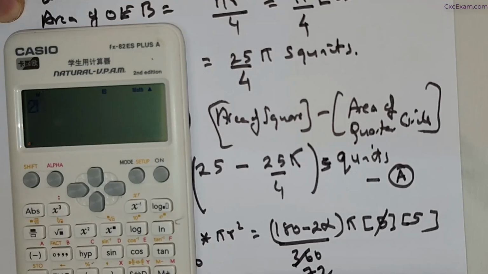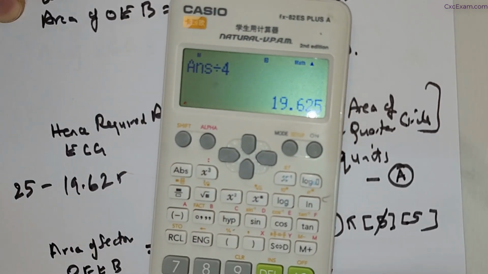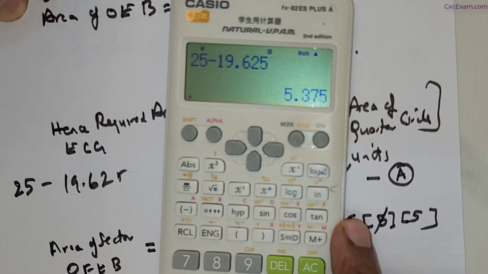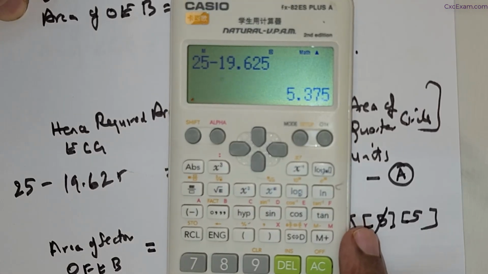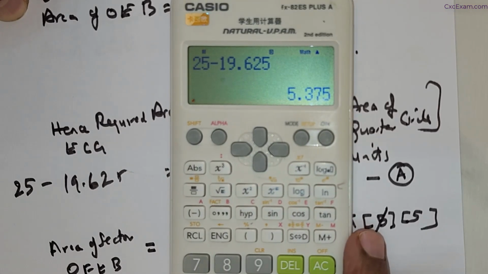Let me check one more time. 25 times 3.14, this is what I get. I divide by 4 and get 19.625. So from 25 you take away 19.625, you get 5.37.